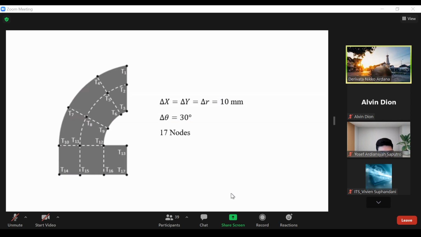This is our initial position of nodes. We have 17 nodes, and the angle is 30 degrees, and delta x equal delta y equal delta r is 10 millimeters.